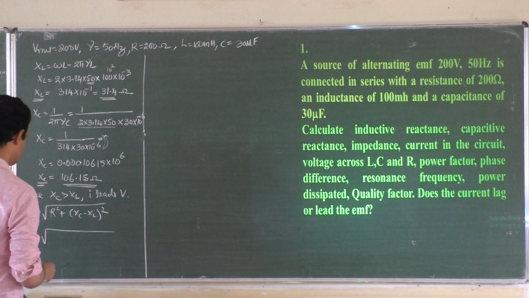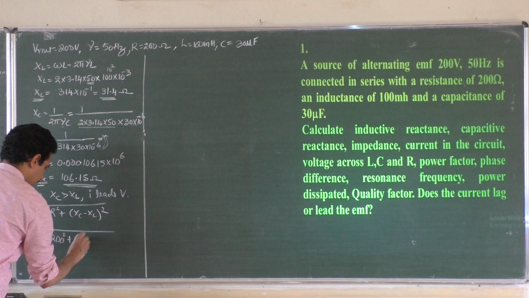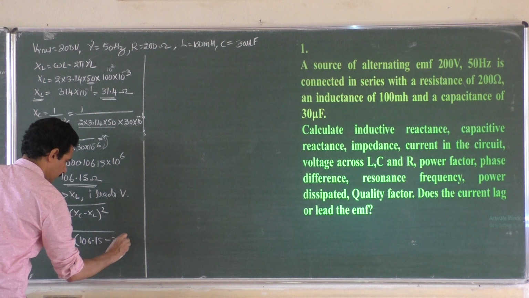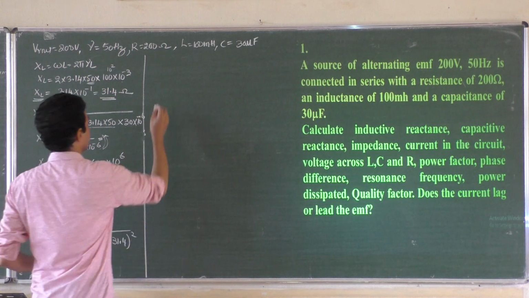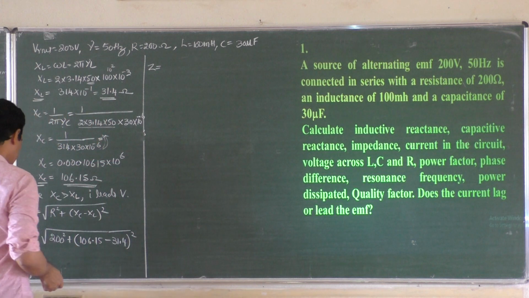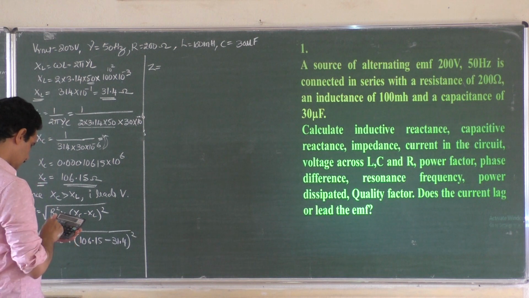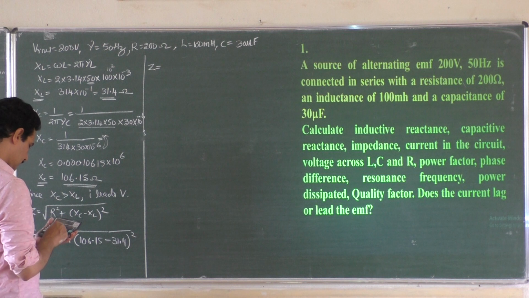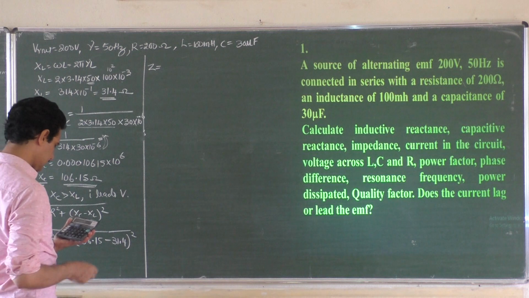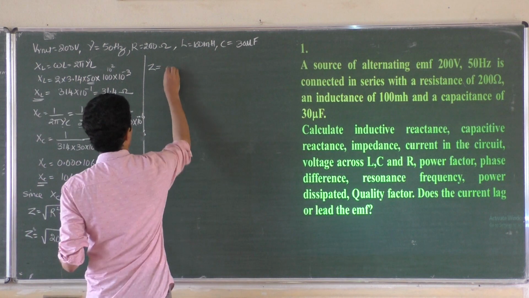So 200 square plus Xc 106.15 minus XL 31.4, whole square. 106.15 minus 31.4 is equal to 74.75.